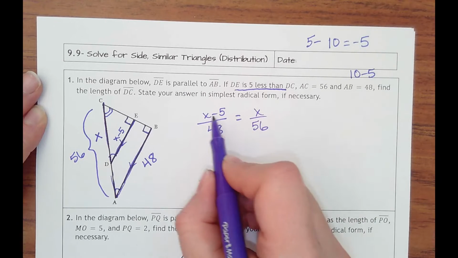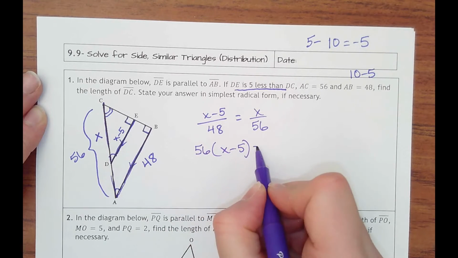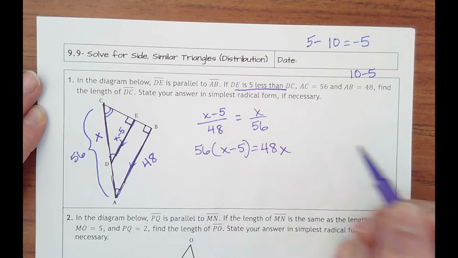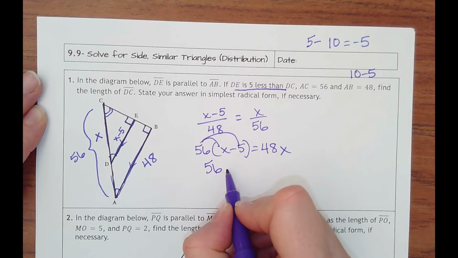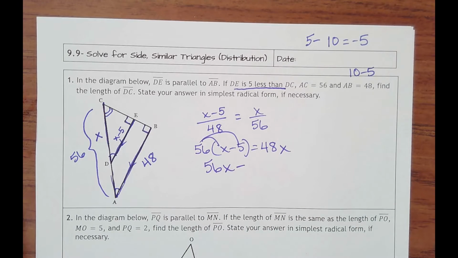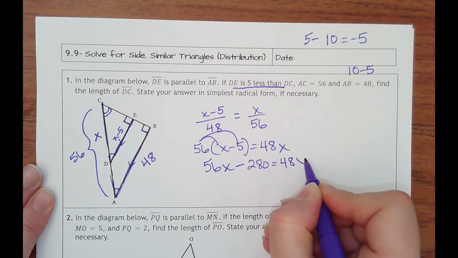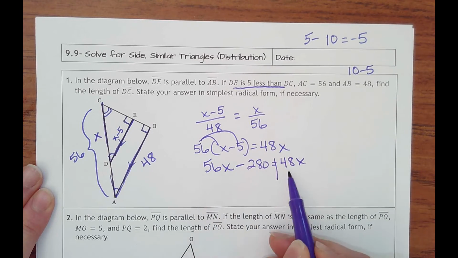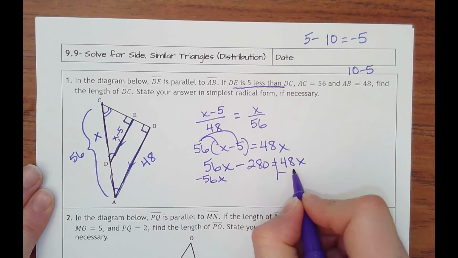We're going to cross multiply, so I get 56 times X minus 5 equals 48X. Distribute. 56 times X minus 56 times 5 is 280 equals 48X. And so I want to get my x's on the same side. I'm going to subtract 56x.